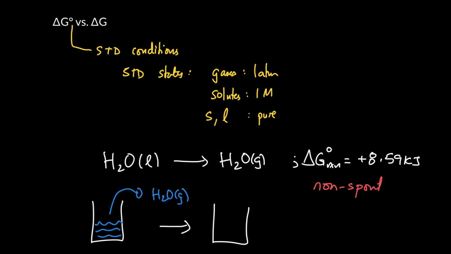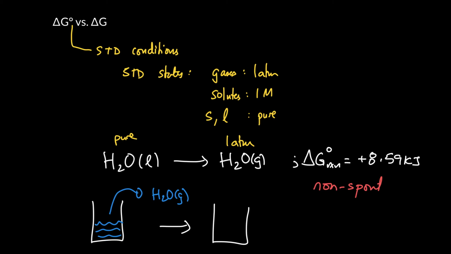The solution to this dilemma is to realize that what we've done is calculate the reaction under standard conditions. What exactly do I mean here? We start with pure water, which is totally fine, and we convert pure water to 1 atmosphere of water vapor. It turns out that we will never be able to convert water to 1 atmosphere of water vapor, because that is the boiling process.